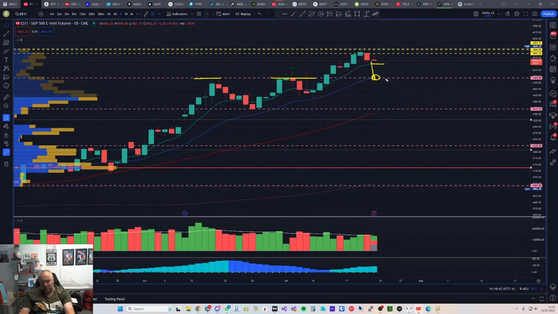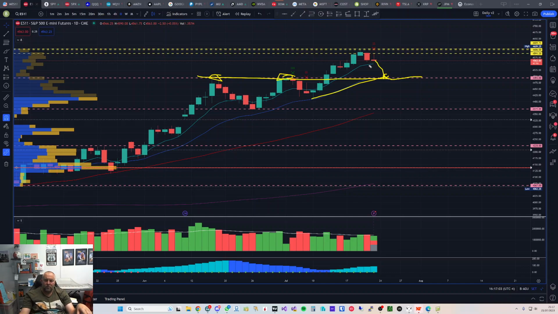Remember the pink dotted line is my weekly area, and so we've got a pivot here and a pivot here, and we've got this nice area. So possibly we could see it move down to this 4,500 area. So that's what we could be looking for during the week.